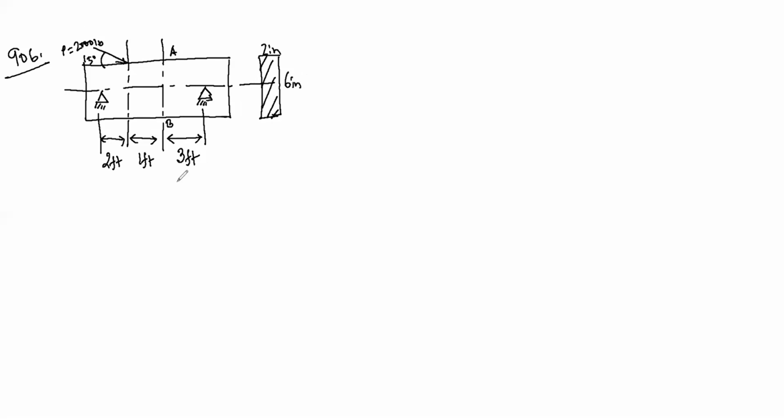So this is the problem that is given, and they have told us to determine the normal stresses at A and B. And they have also asked another question: are these points of maximum normal stress?